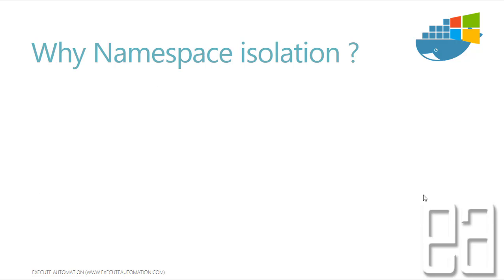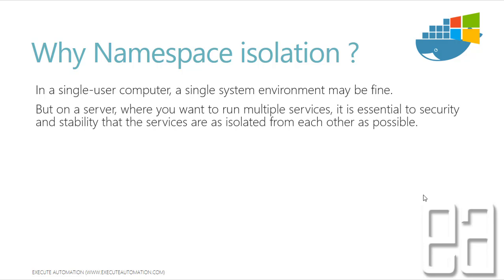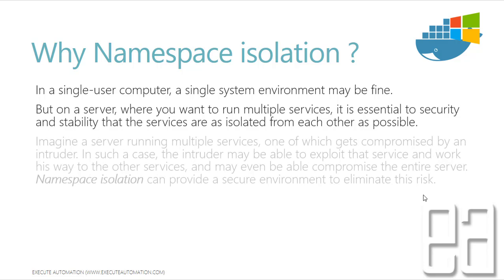Once again, if you ask why namespace isolation, let's see a simple analogy. On a single user computer, a single system environment may be fine. But on a server where you want to run multiple services, it is essential for security and stability that services are as isolated from each other as possible.